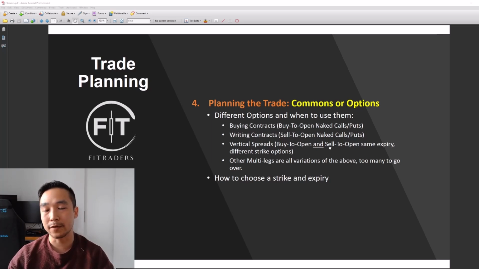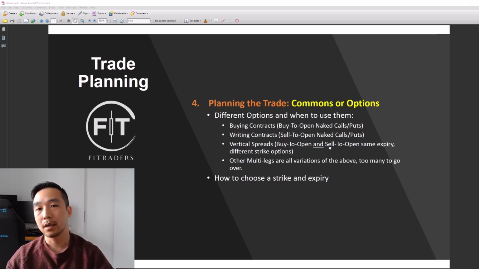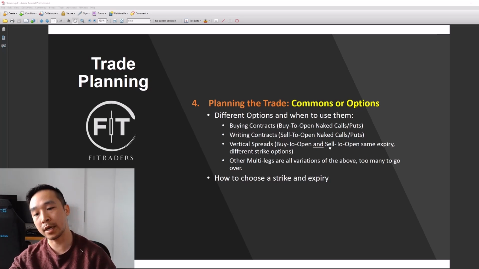So for instance, if Apple's $100 right now, and I think it's going to move to 110 by next week, I want to buy a strike just under 110, so maybe 105, 106, or 107, but for 2 weeks out, because it's going to reach 110 in 1 week.